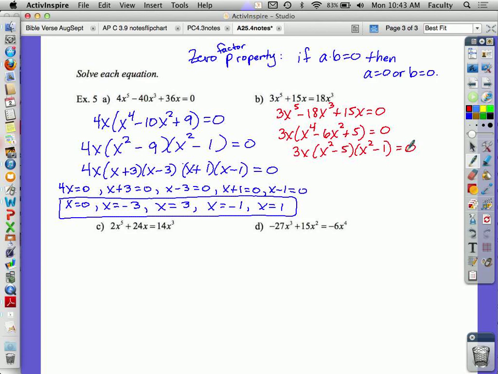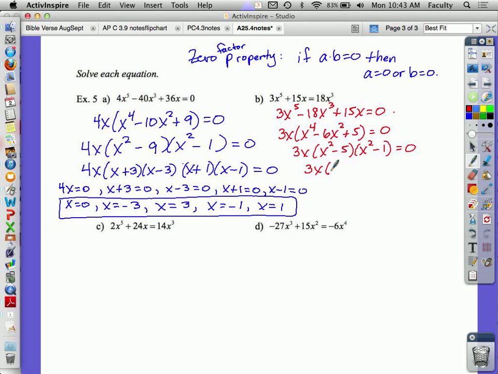Guys, just remembering what happened in chapter 4, don't lose your equation. Some of you would drop your equals 0 and be factoring and then magically put the equation back in. Please be careful that you are having your equals 0.